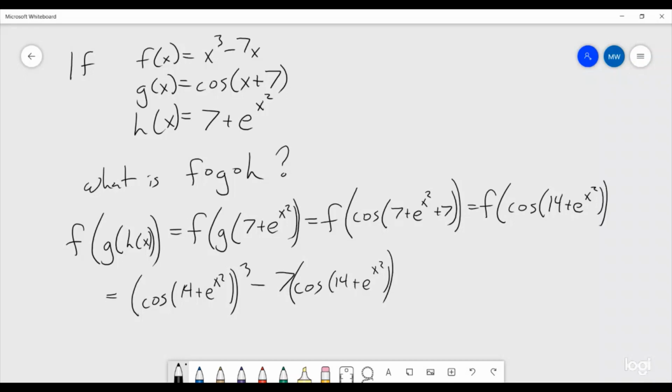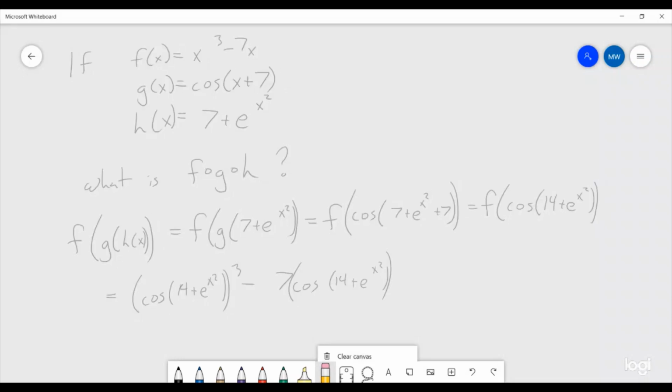There you go. That's function composition. You can also have function multiplication, function addition, function division, all of those different things. Okay, our next one, we are going to be talking about inverse functions.